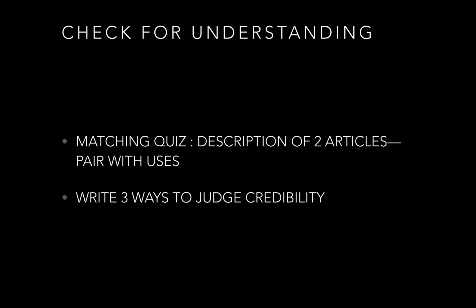It has two descriptions of two different articles, and it'll have different situations that you could be in on the other side. So doing research for a paper, staying on top of the news, looking at the weather, different things like that. And I just want you to pair the information need with the information source type. And I'll have a little space at the bottom, and I just want you to jot down three different ways to judge the credibility of a source.